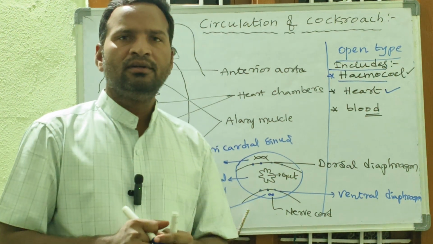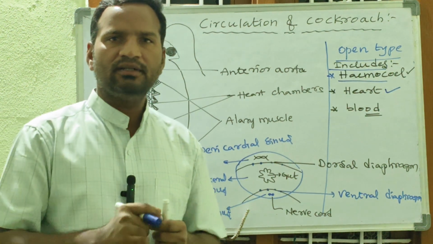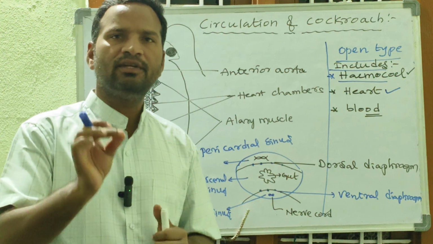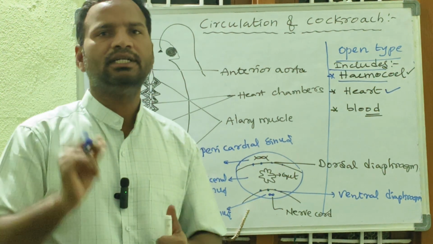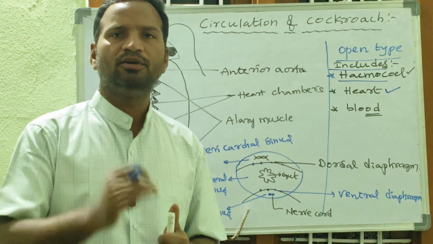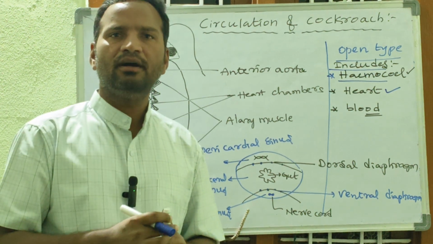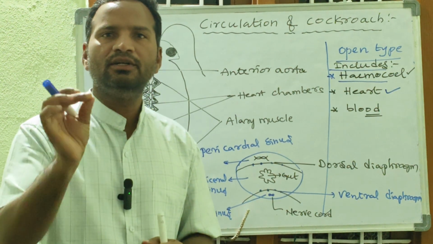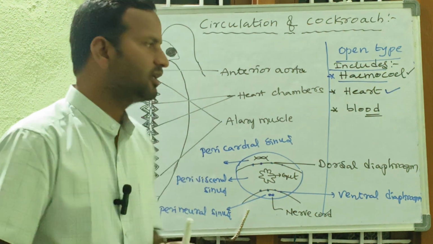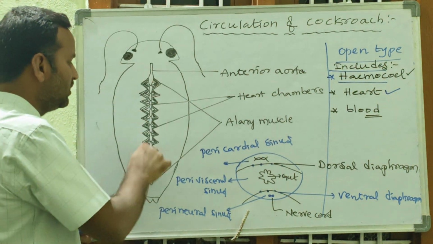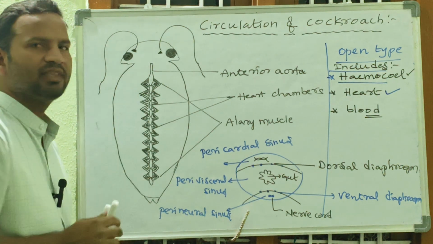Now, the first point about the structure of the heart: it is an elongated, long, muscular and contractile tube-like structure. What I am saying is, this is the heart.